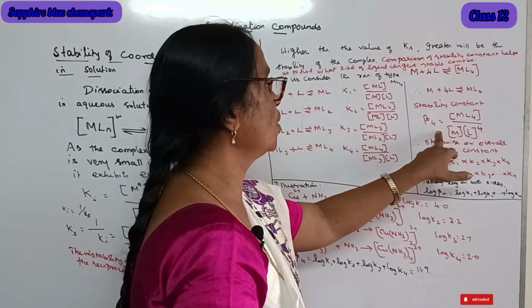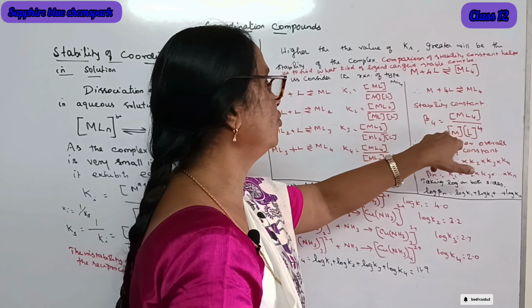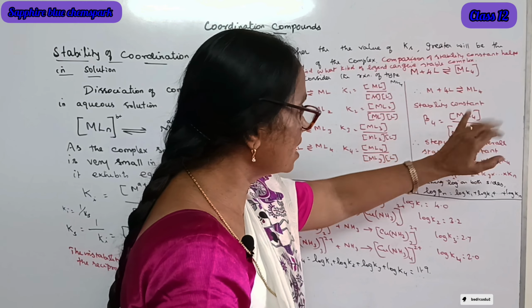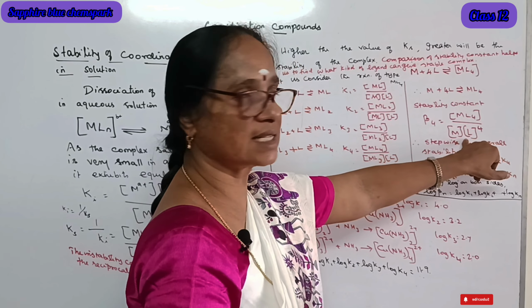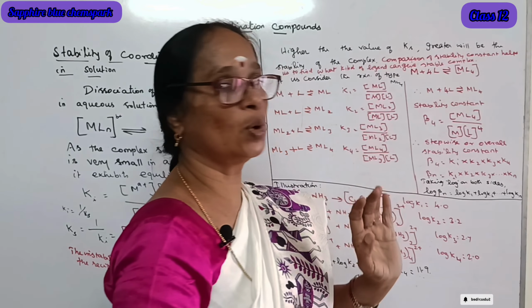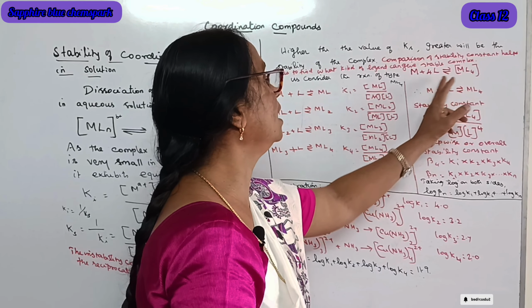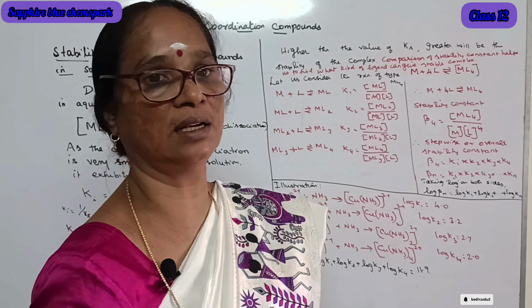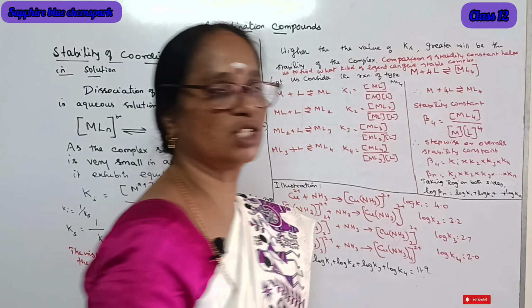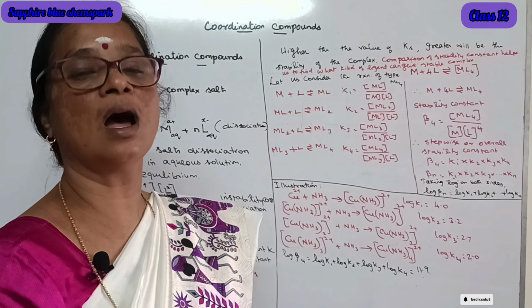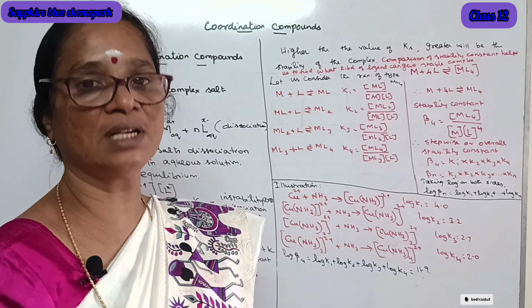Beta 4 is equal to the concentration of ML4 divided by the concentration of M and the concentration of L to the power 4. This is because the power is nothing but how many times the ligand takes part in the reaction. This beta 4 is said to be the stability constant, or the formation constant.